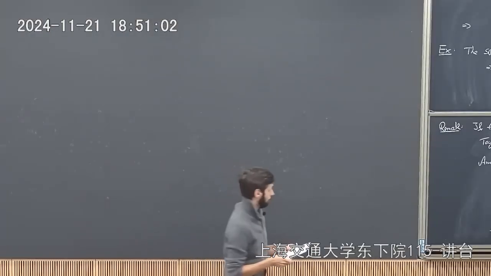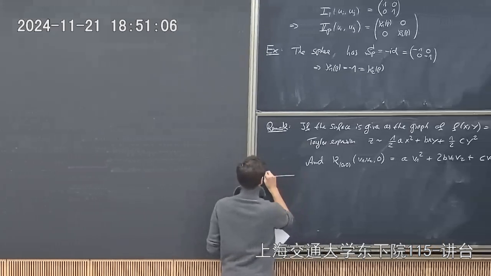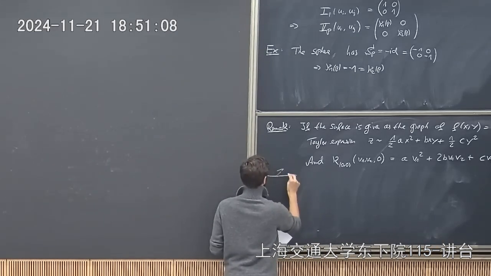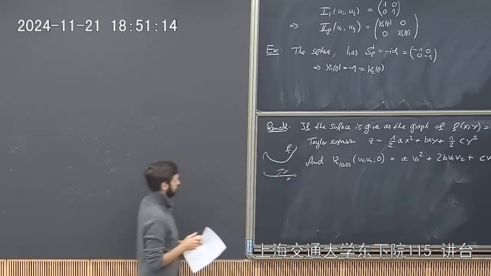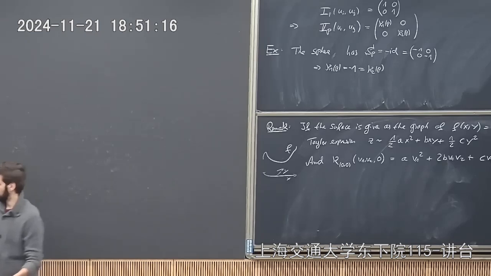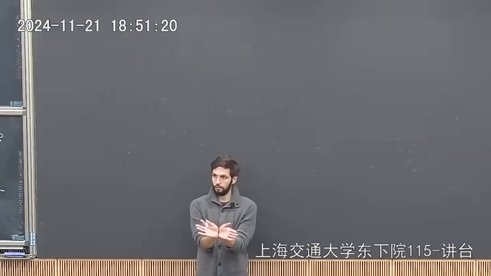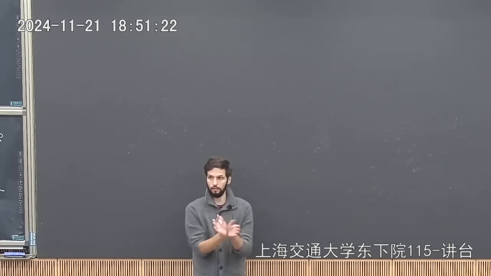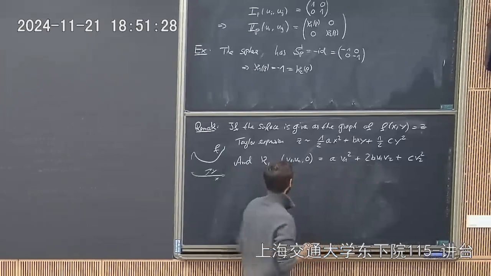So what the picture is now is that we have some x, y coordinates, and then our surface is given by the graph of some function. And now what this construction says is we can rotate in the x and y direction by some angle, such that this middle term vanishes.